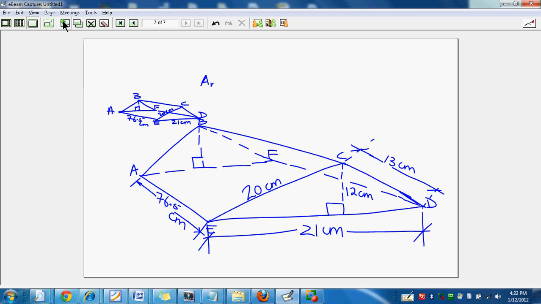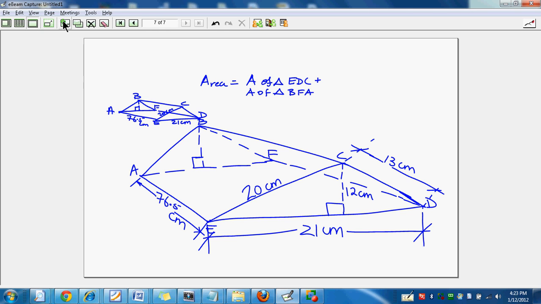The area we're looking for will be equal to, I'll use A to represent area of triangle EDC, plus the area of triangle BFA. Okay, that'll be this one in the back there.